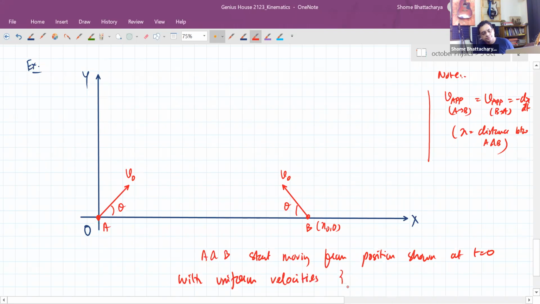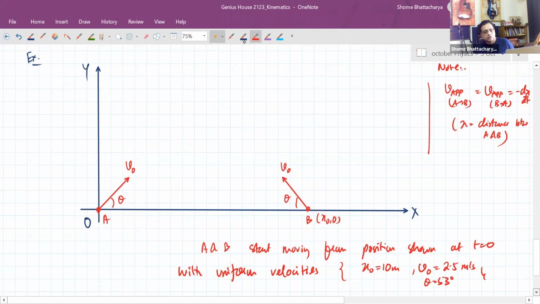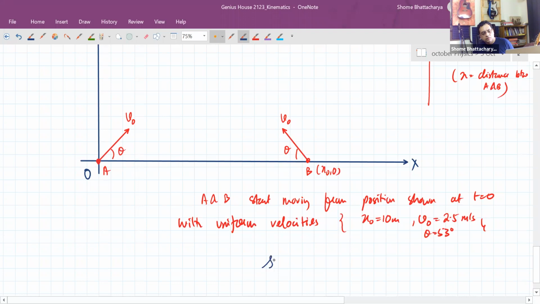Suppose x naught is 10 meters, v naught is 2.5 meters per second, and theta is 53 degrees. Show that their approach velocity remains constant.